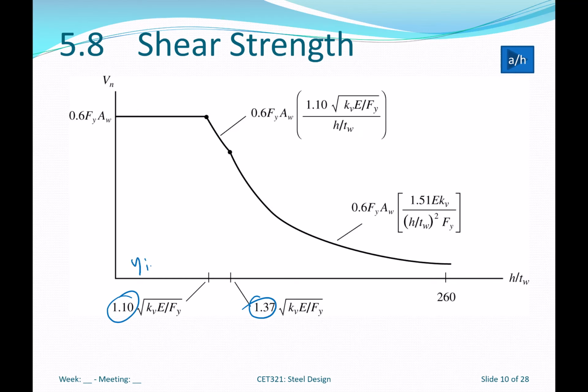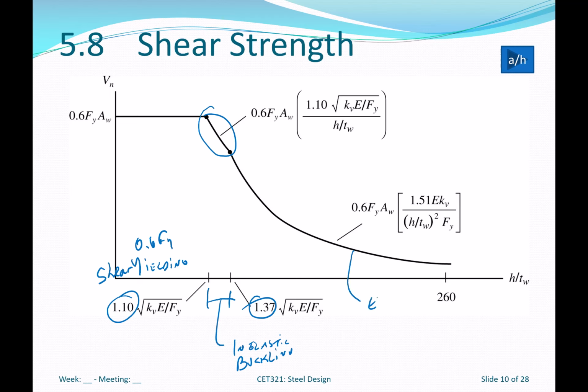So hopefully you see that in this zone we've got yielding, 0.6 Fy, our shear yielding capacity. In through here, notice the straight line, inelastic buckling, inelastic behavior, shear buckling, or I don't know, just say inelastic buckling. And then in through here, it looks very similar to the columns, right?